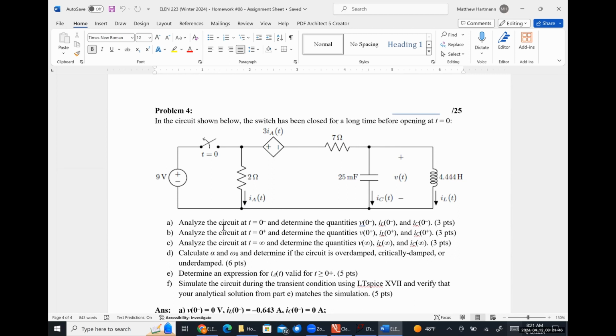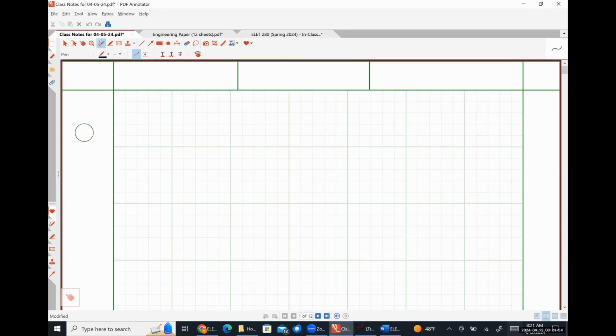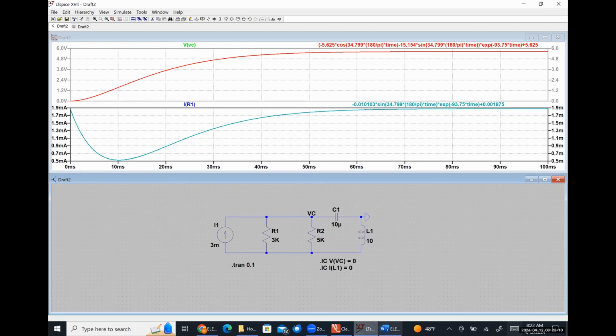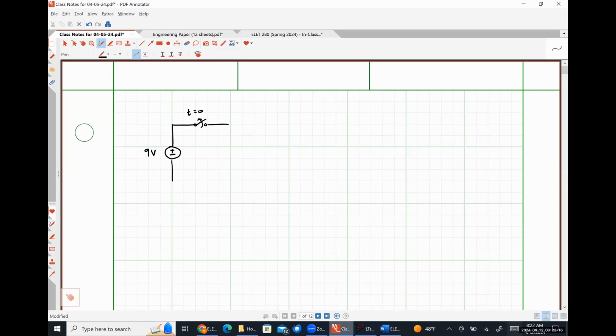So I've got a 9-volt source and then a switch that's opening. Oh, that's the wrong thing. 2 ohm resistor, through which some current IA of T is flowing.